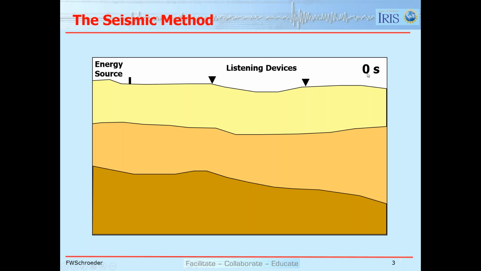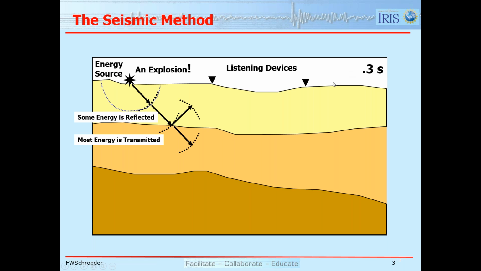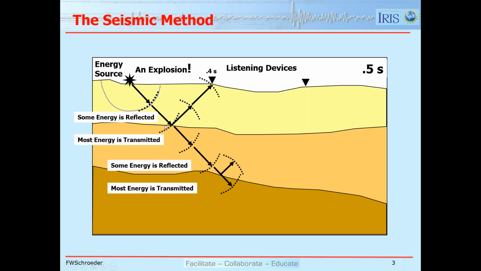So we have a little counter here. The explosion goes off, bam, 0.1 seconds, 0.2 seconds. The energy hits a boundary. Some of the energy is reflected up, and it's detected at the first listening device at 0.4 seconds. Most of the energy is transmitted down.